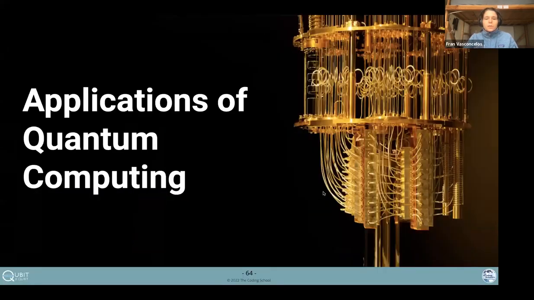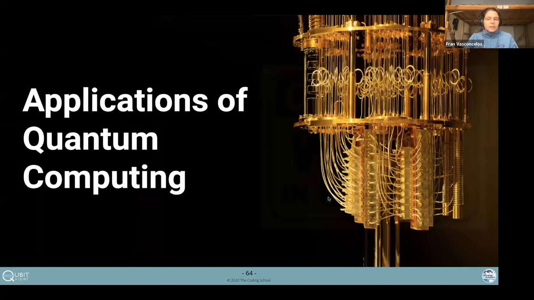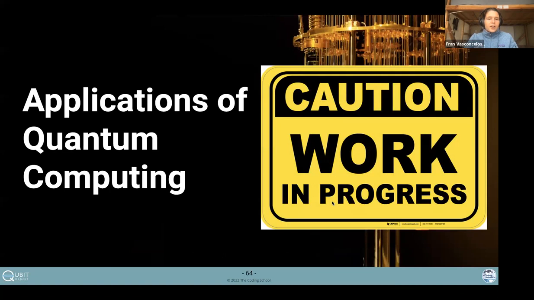Now we're going to discuss a bit the applications of quantum computing. We've put here a caution work in progress sign because quantum computing is still a very nascent, recent field.